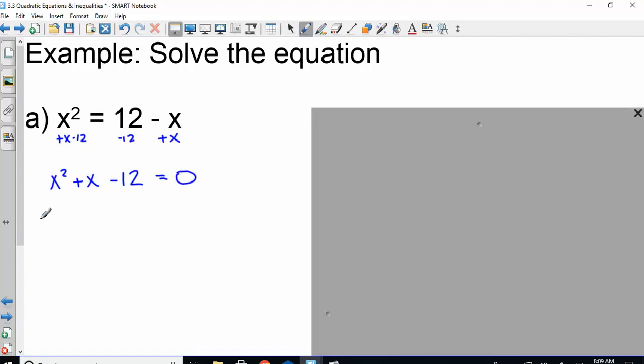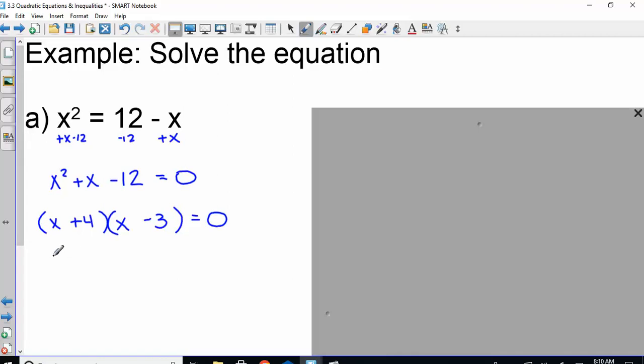Then we want to factor. Because this is a 1x squared, we can do the easy method. So x squared breaks into x. What multiplies to negative 12 and adds to positive 1? X plus 4, x minus 3. All right, so then, what do we do?